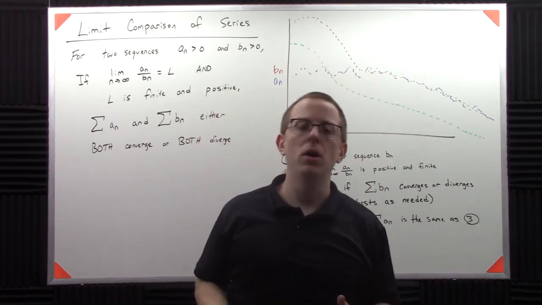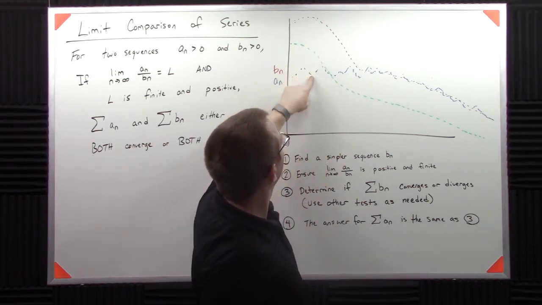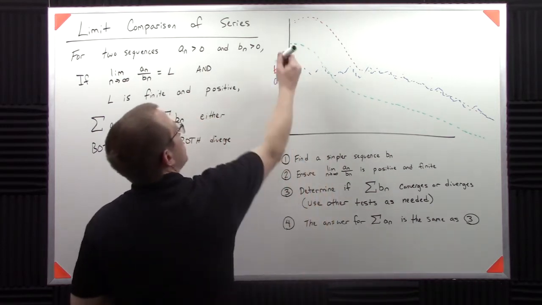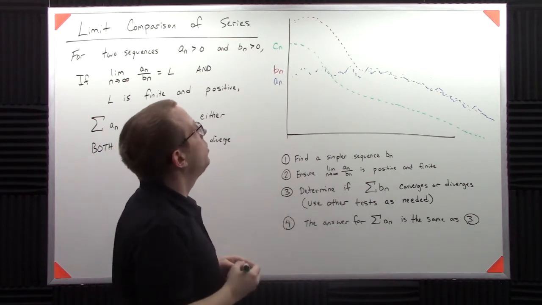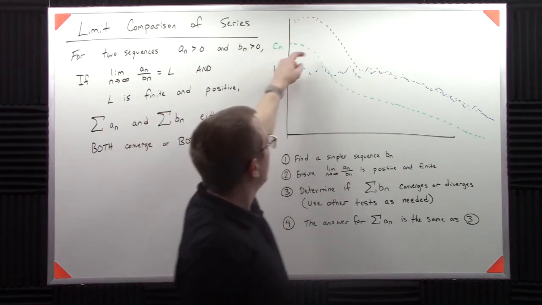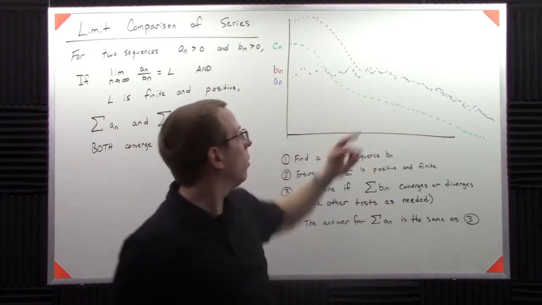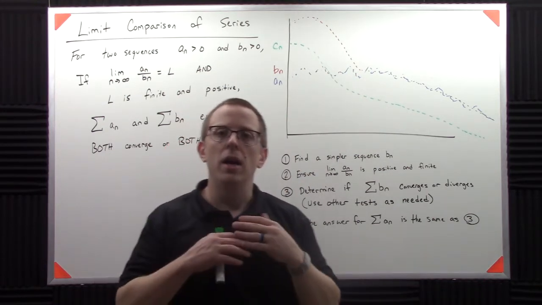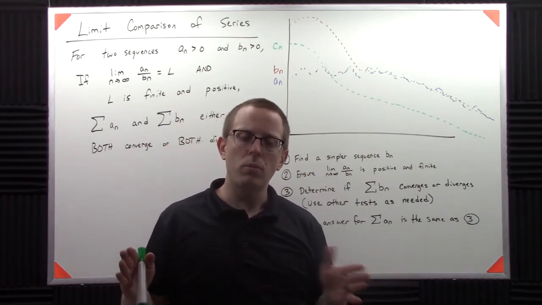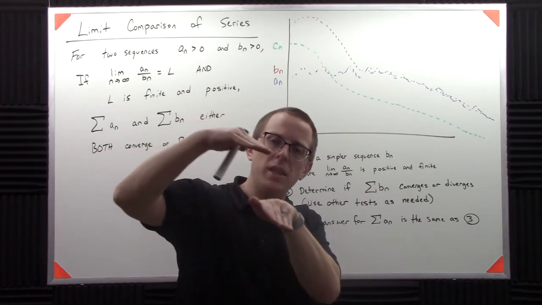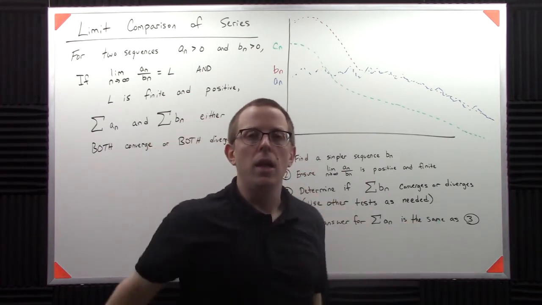It doesn't matter. If we call this c_n, you could still take the limit of that sequence, or that ratio there. That's all that matters, because we're trying to say, do these things basically follow the same track?